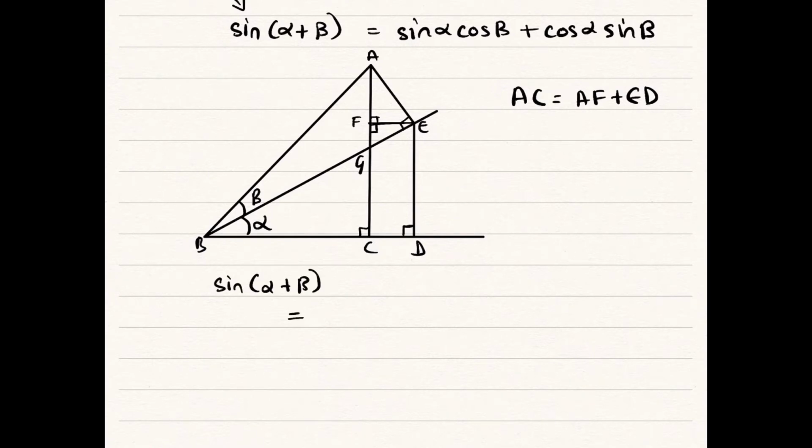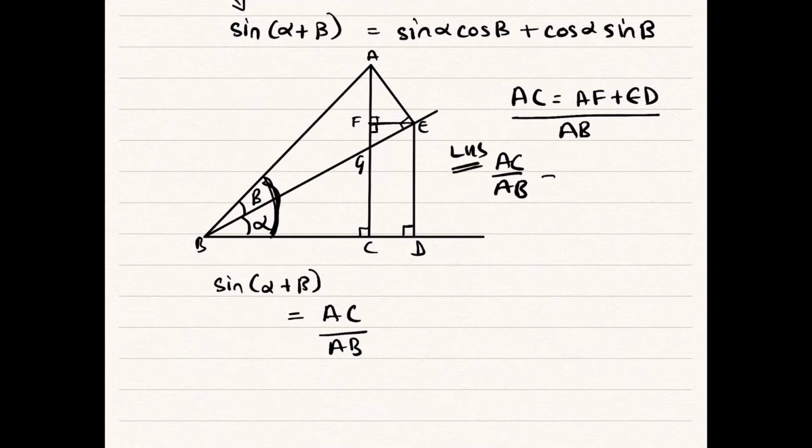It is equal to opposite by hypotenuse, and this angle is alpha plus beta for us, and opposite here is AC and hypotenuse is AB. So if I divide this equation by AB, I should get the LHS clear. So AC by AB is my LHS, which is sine alpha plus beta.